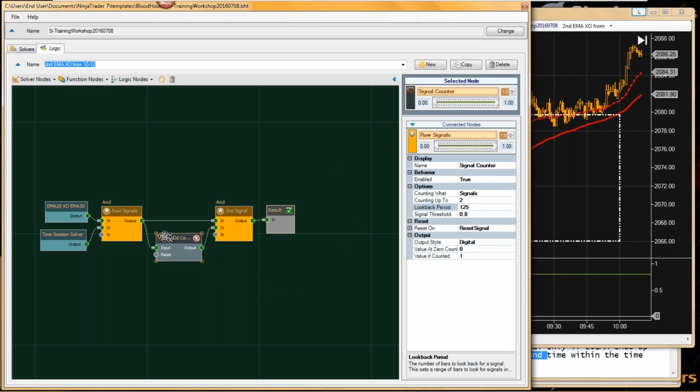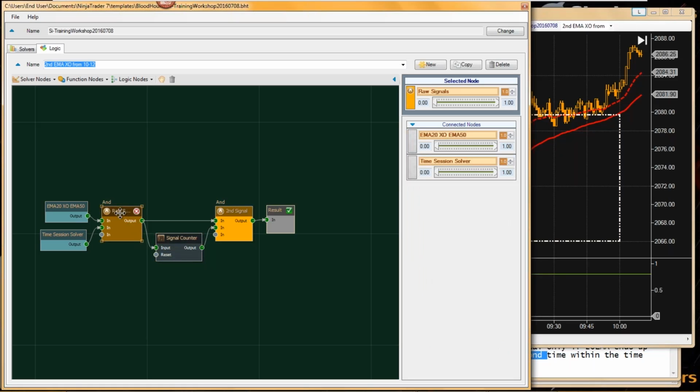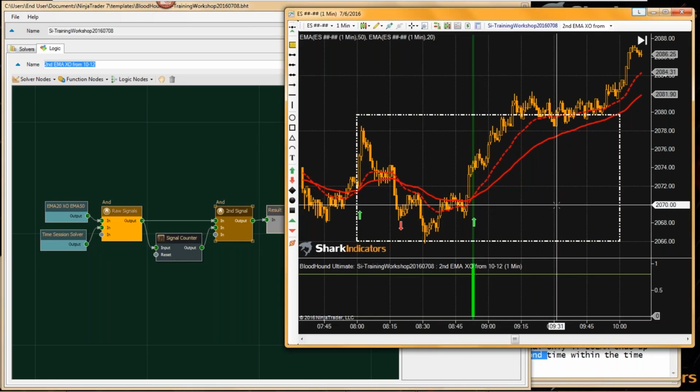When you're building a system, it's always a good idea to name your AND nodes, so that you know what is coming out of these various AND nodes. It's good design building, so that when you come back to it later, you can just read your AND node and it'll jog your memory as to what's coming out of these various logic nodes. So, we've got that cleaned up a little bit.